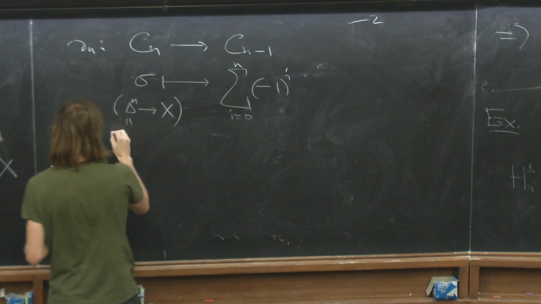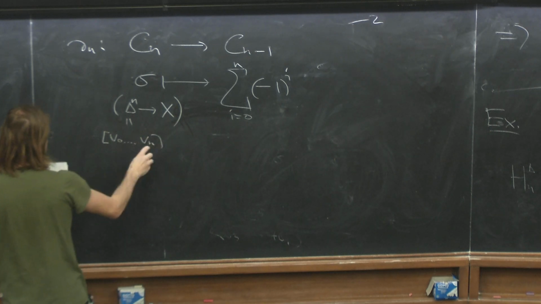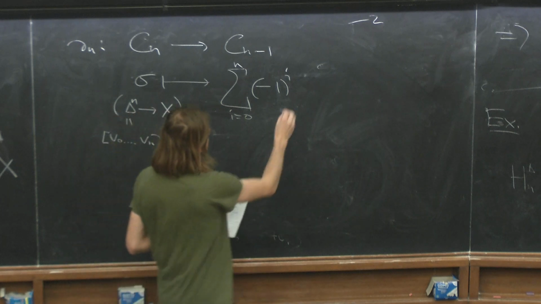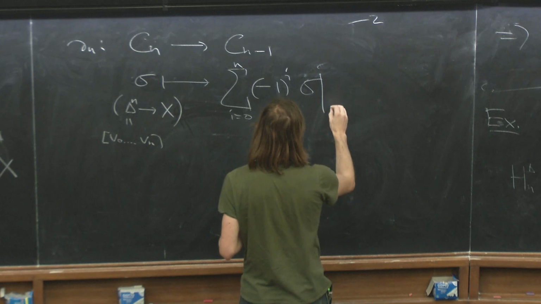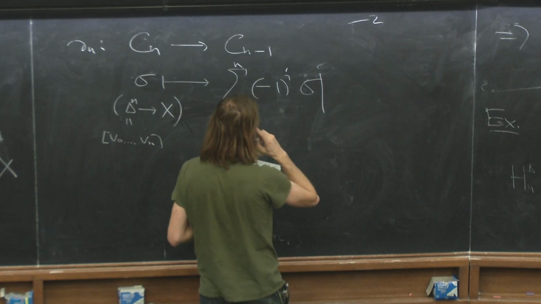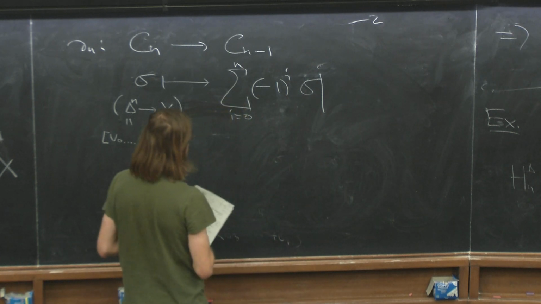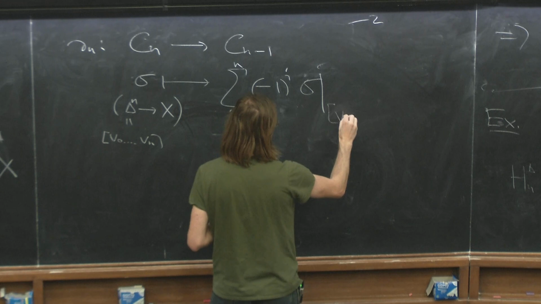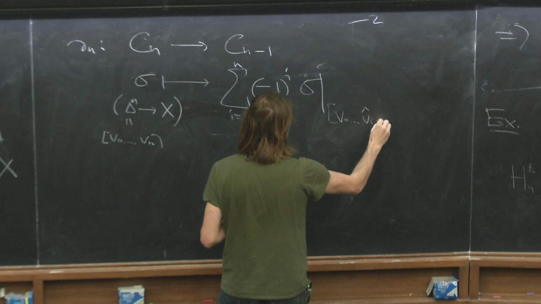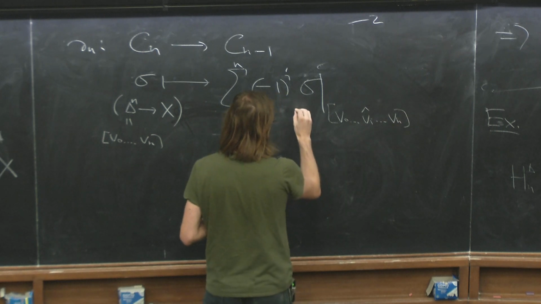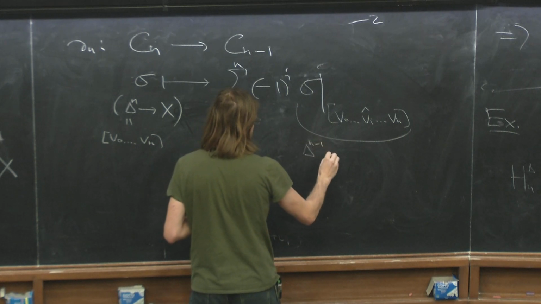So again, if you label the vertices by v0 through vn, you take a sum of copies of sigma restricted to the subsimplex where we remove the i-th vertex. This is understood now as a map from delta n-1.